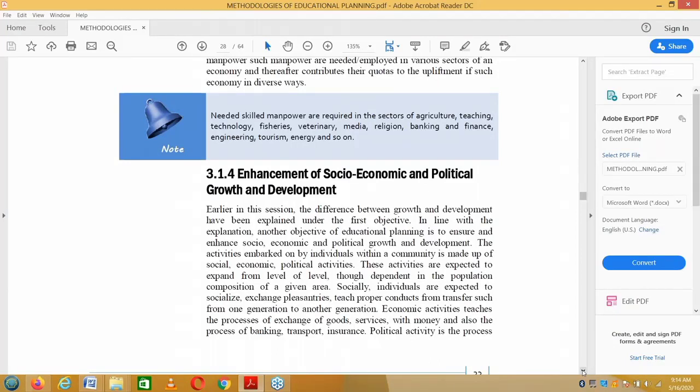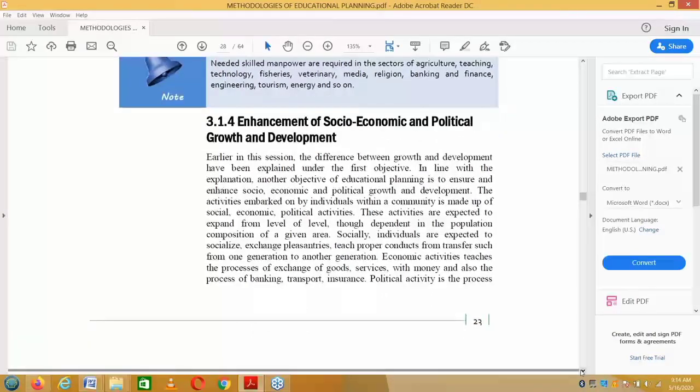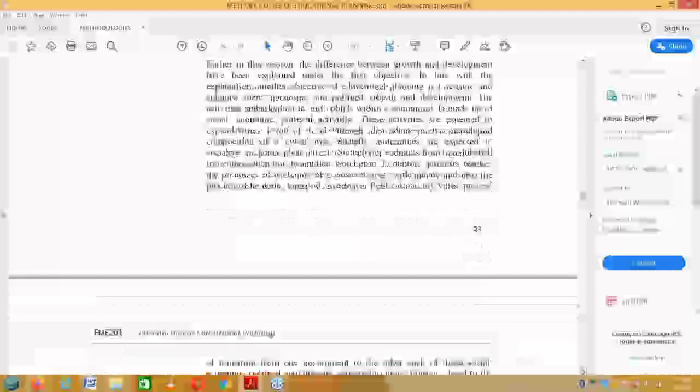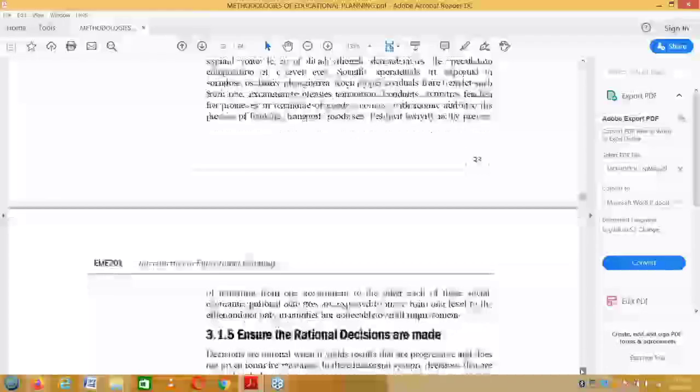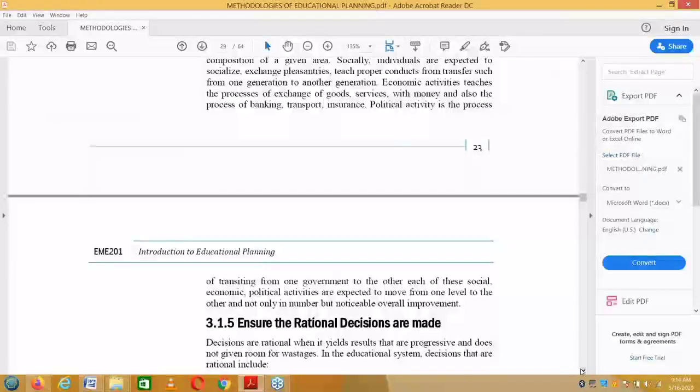Economic activities involve the processes of exchange of goods and services with money, and also the process of banking, transport, insurance, etc. Political activity is therefore the process of transiting from one government to the other. Each of these social, economic, and political activities is expected to move from one level to the other, and not only in number but in noticeable overall improvement.